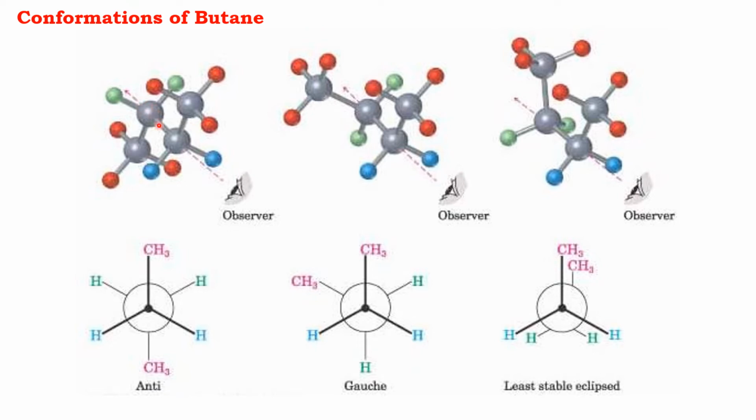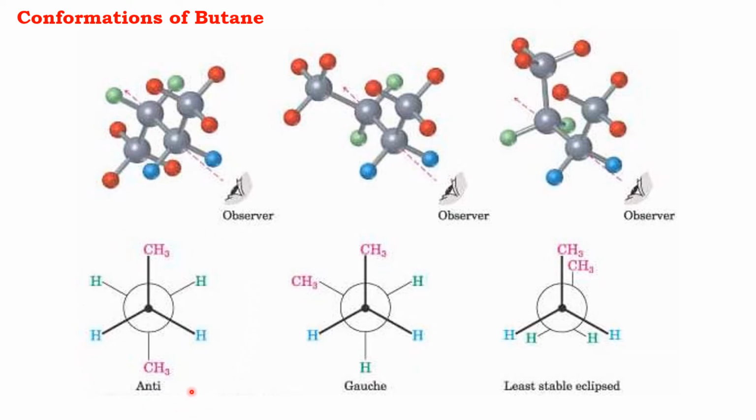When you look at the molecule through this plane, the first methyl group is above the plane while the second methyl group is below the plane. That means the distance between the carbon atom of the last methyl group and the first methyl group is maximum. And that is the anti-conformation.